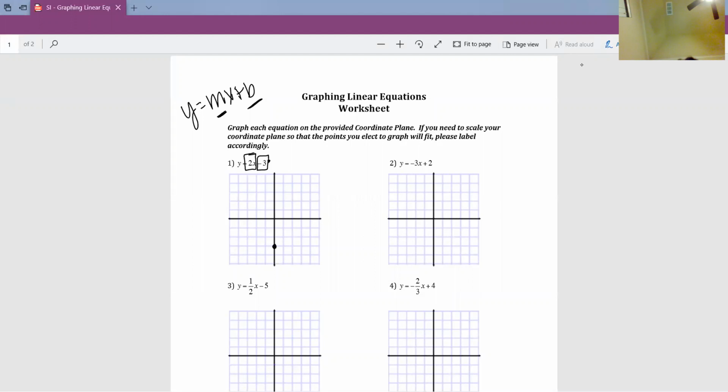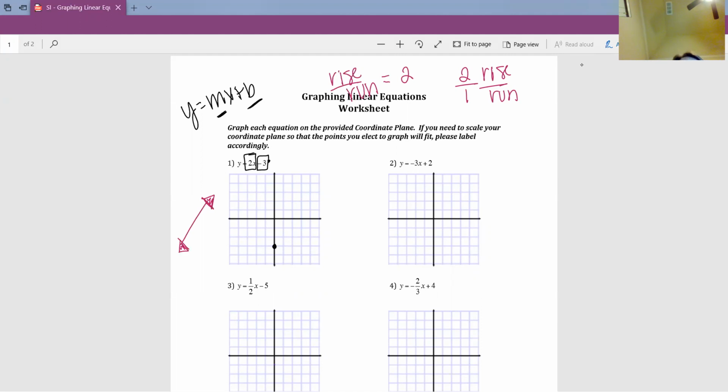So your rise over run is another form of your slope, which is your m. So your rise over your run is 2. So if it's 2, it's presumed it's going to be 2 over 1. So your rise is 2 and your run is 1. And this is a positive equation, so it's going to go this way.